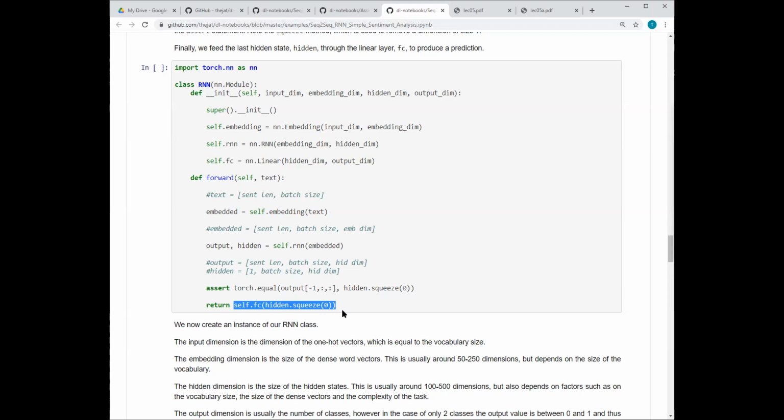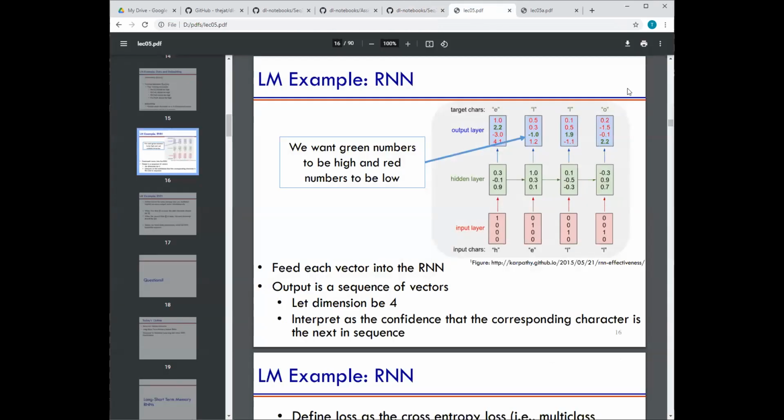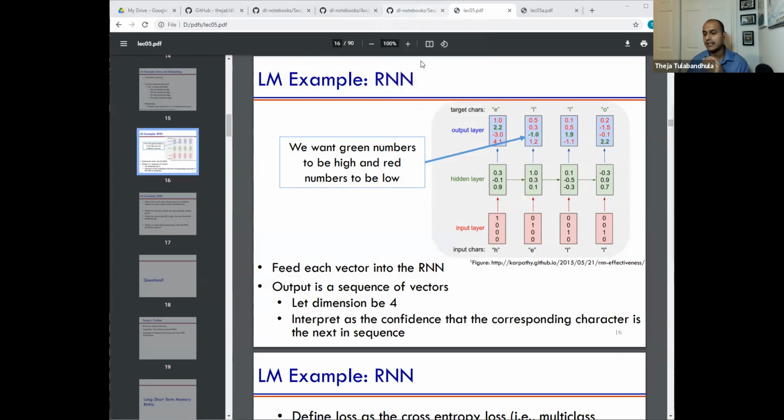Could you please go back to the slides? You see that there are just three elements in the vector of the hidden layer. Is it because there are just three unique letters? No. You choose what it is, like choosing the number of neurons.